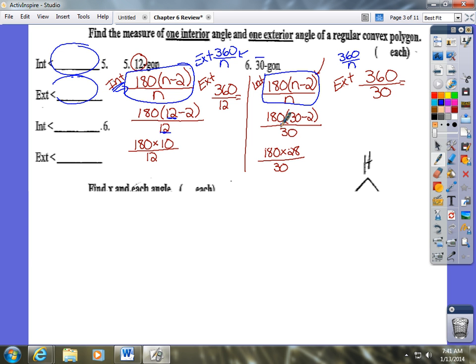That gives us 180 times 28, because 30 minus 2 is 28. And we're going to take that and divide it by 30, and then you can plug that into your calculator. Of course, I'm not going to go ahead and solve these because, again, you have different numbers on your test, and you have calculators. For the exterior angle, we're going to simply take 360 and divide it by 30 because I have a 30-sided figure.